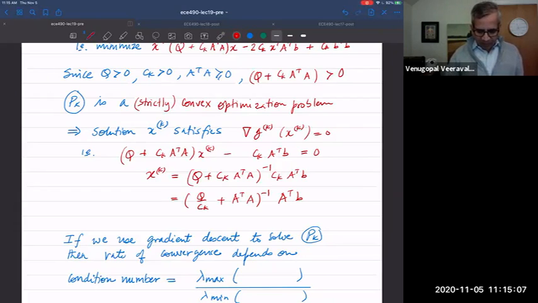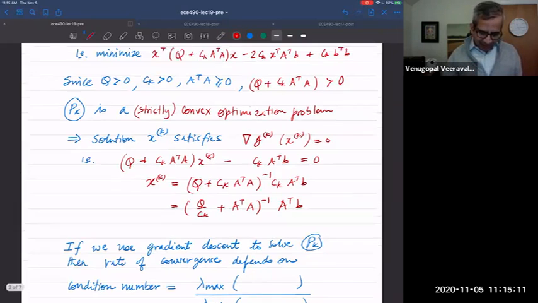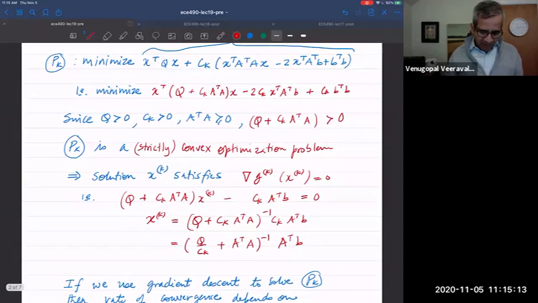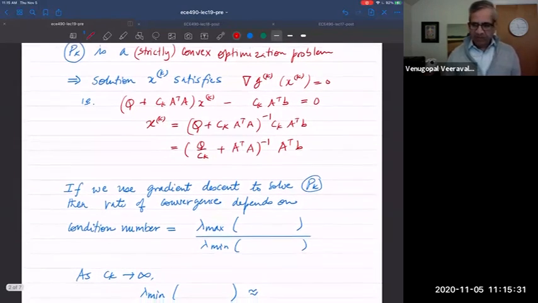Okay, so far it looks good. So suppose now we apply gradient descent to solve this optimization problem. For every fixed CK, this is a strictly convex function, so it'll have a finite condition number. So what's the condition number for this?